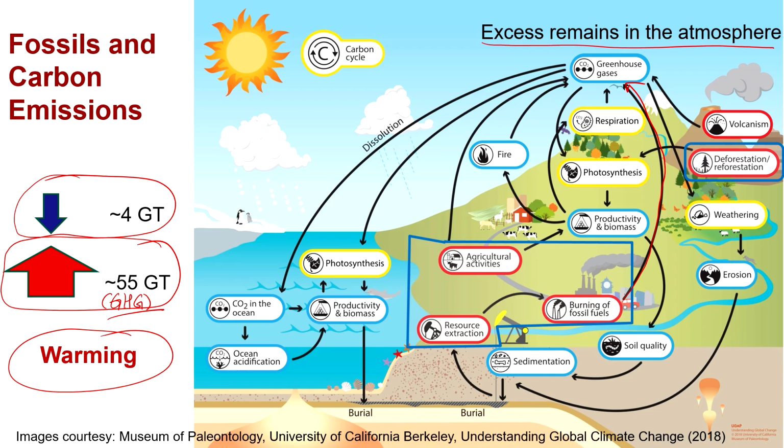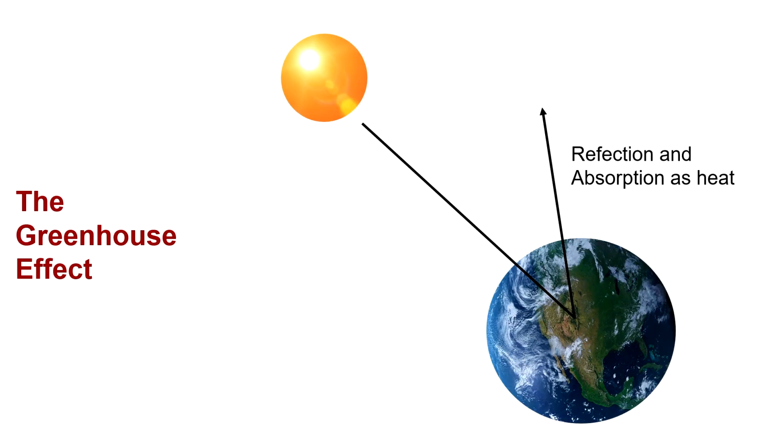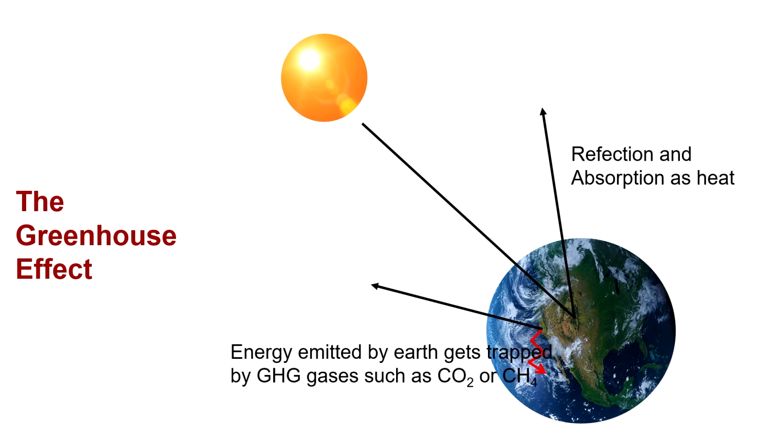These activities in this box, agricultural activities, resource extraction and burning of fossil fuels, are the primary drivers for this excess release. The greenhouse gas effect is basically when the sun sends energy to the earth, and a lot of this radiation gets reflected, while part of it is absorbed as heat in the atmosphere.